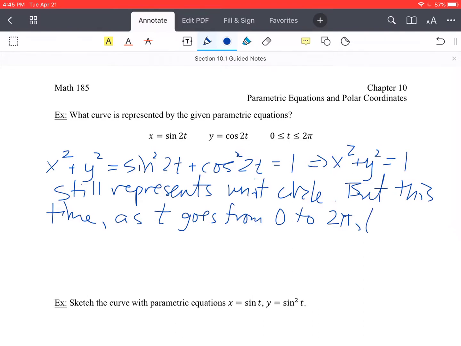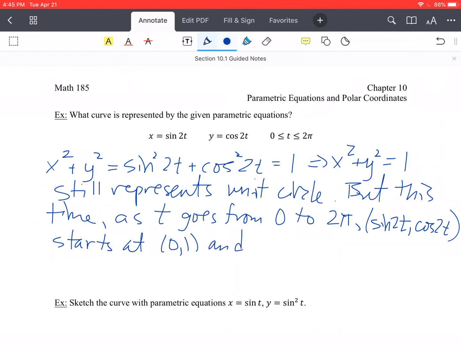The other one was cosine t comma sine t. This one is sine of 2t comma cosine of 2t. So this time, if we check where it starts, when t is 0, we actually get the point 0, 1. So this one starts at the point 0, 1.